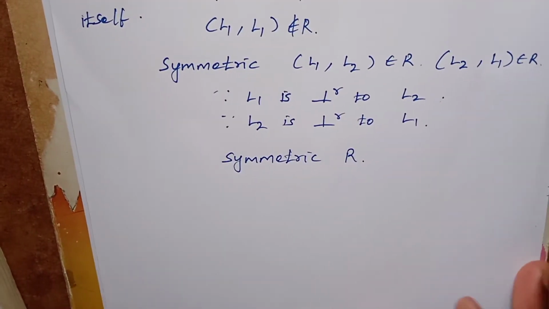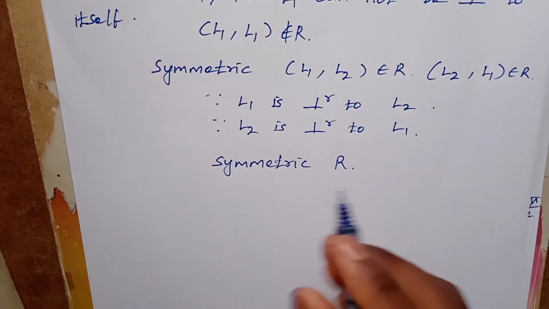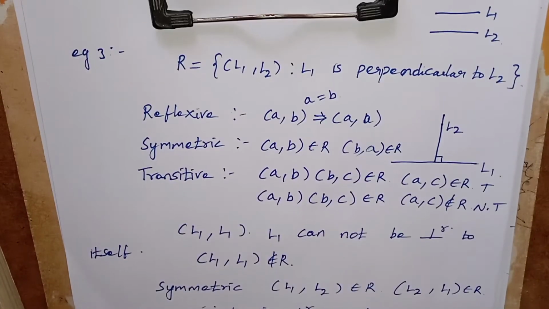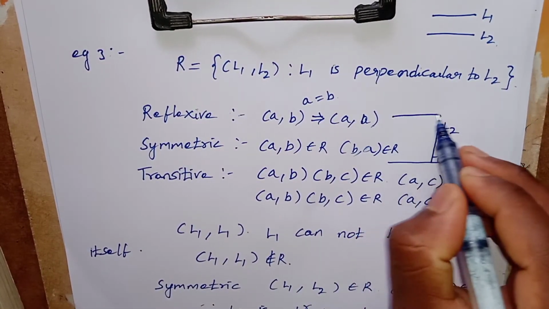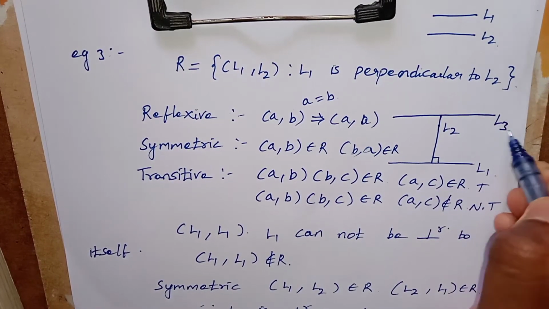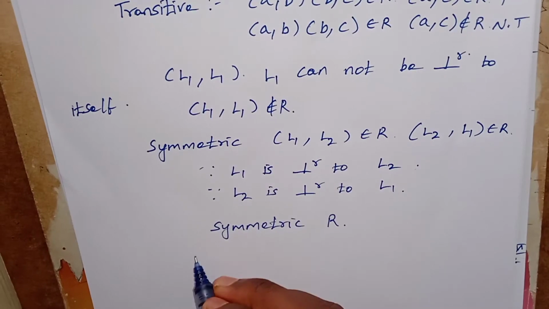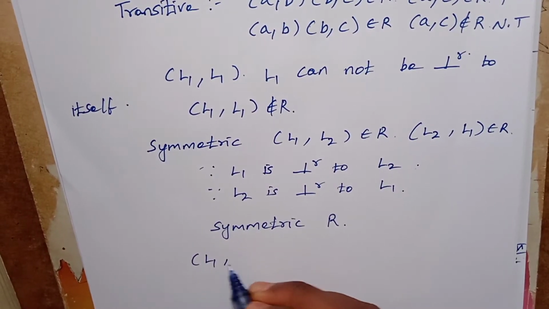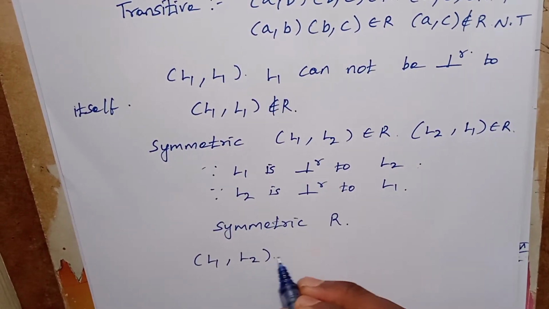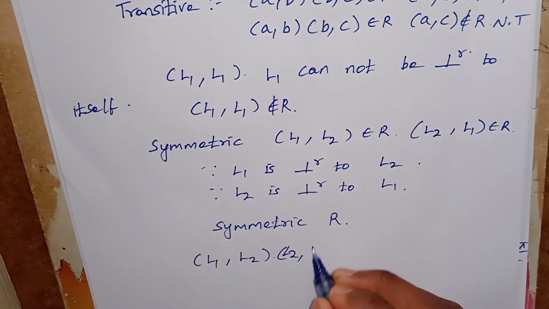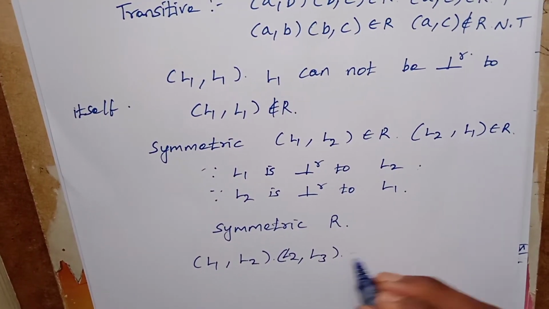Next, for transitive we have to take another term for comparing, L3. Here L1 is perpendicular to L2, and L2 is perpendicular to L3.